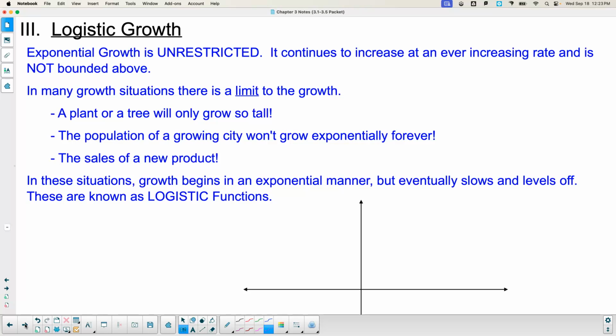Okay. So sometimes it's not always realistic to model with an exponential function. You know, a plant or a tree, the crops on Linsmeyer Farms, they get a little bit of heat, they start growing exponentially.